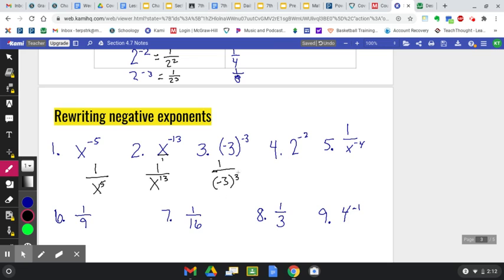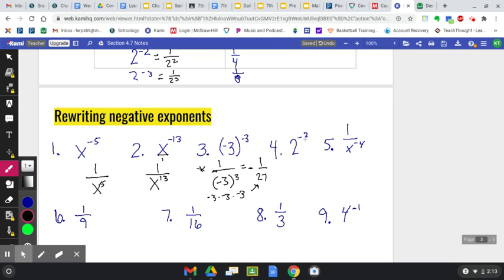And when they're numbers, you can represent them like that. This is fine. But that would be the same as negative 1 over 27, right? Because negative 3 to the third is really negative 27.